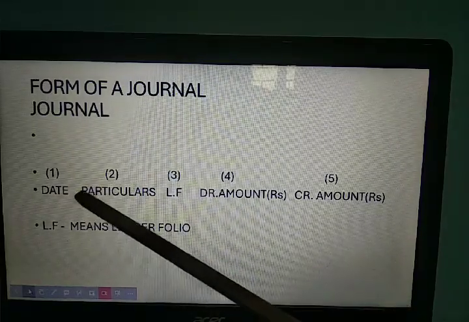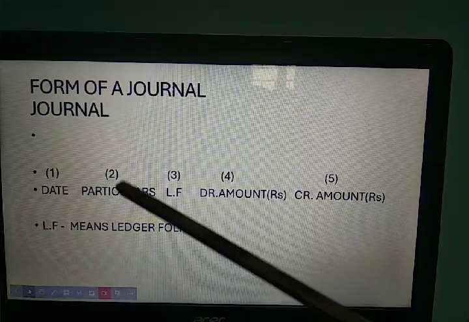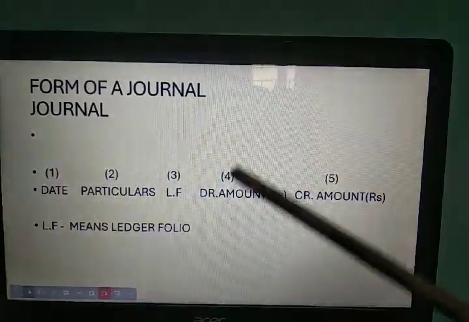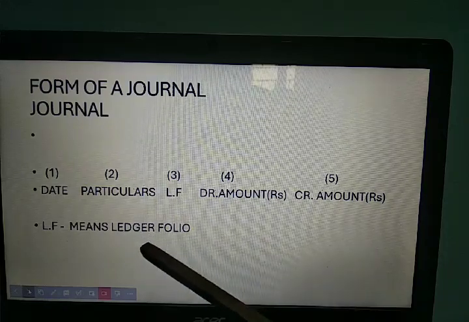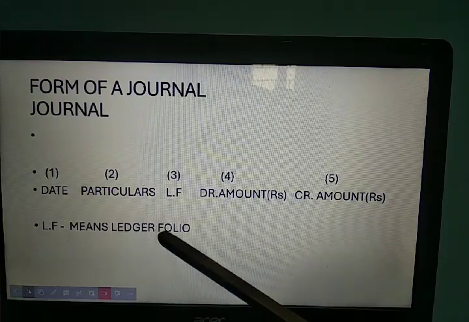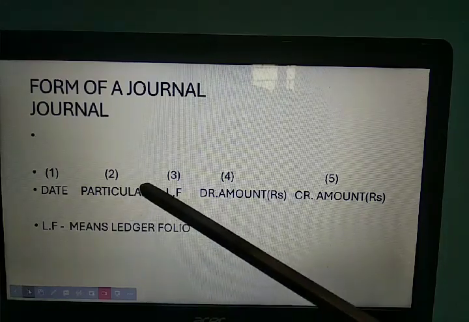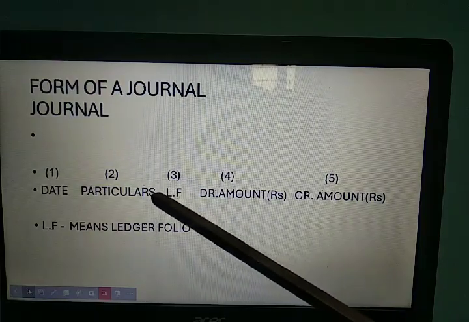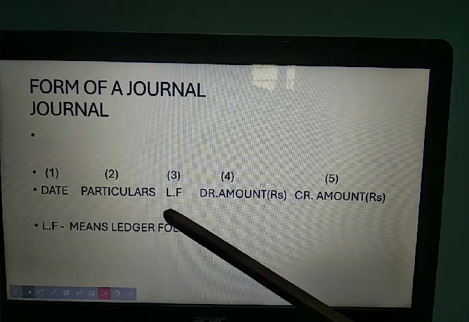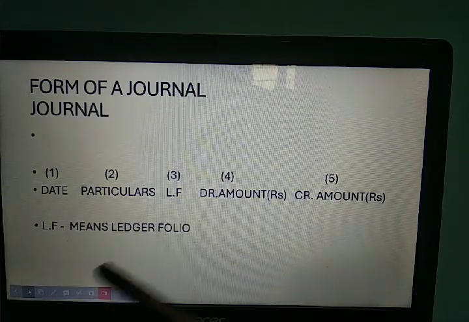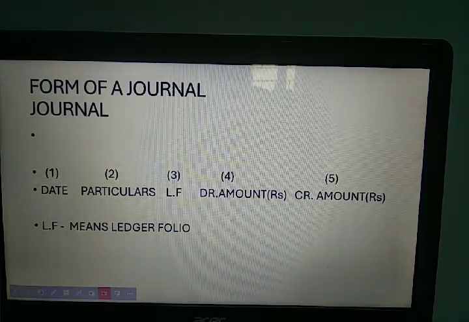First it will start with date, particulars, then ledger folio, then debit amount, credit amount. LF is the short form of ledger folio. You see that initially you have to enter in the journal, then you have to post into the ledger. So ledger folio is required for cross-reference purposes.